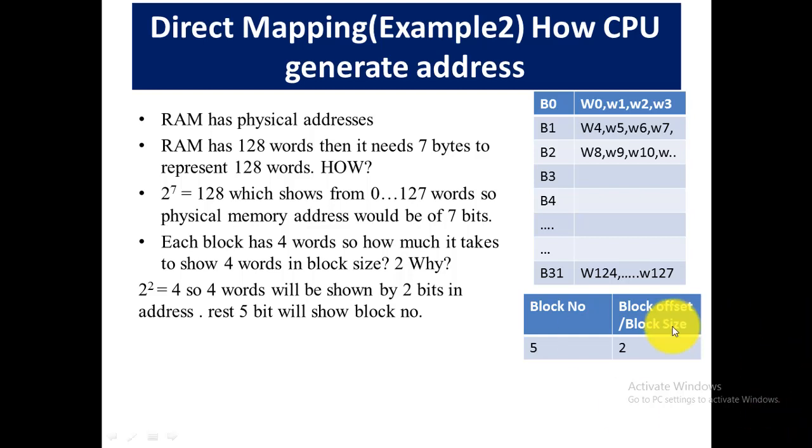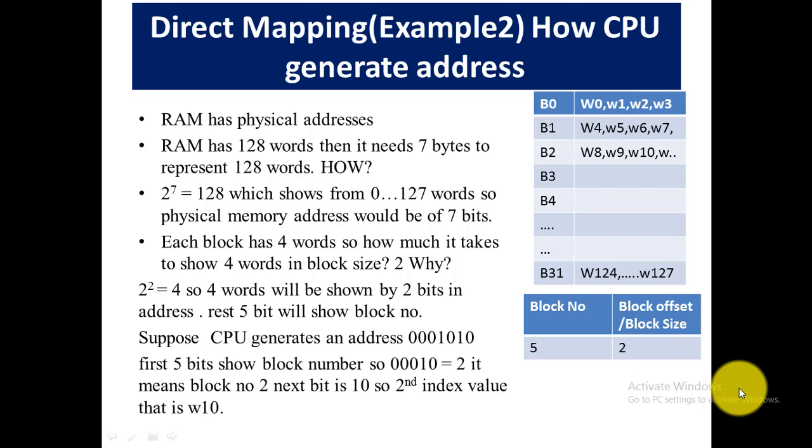So the block offset would be of 2 bits. The remaining 5 bits show the block number. So it will be a total of 7 bits, right? So block number is shown by 5 bits, and block offset, or block content, is shown by the 2 bits.